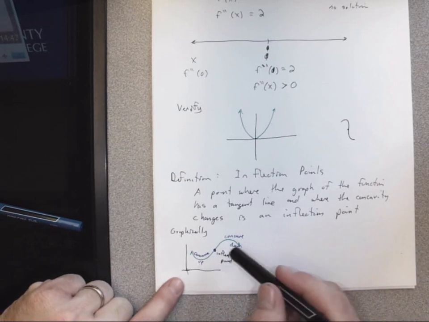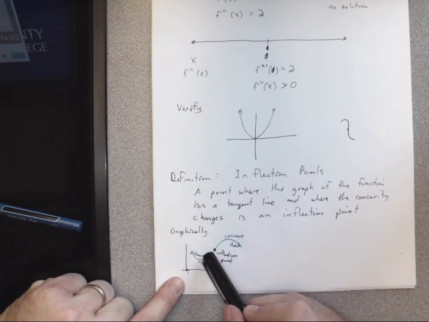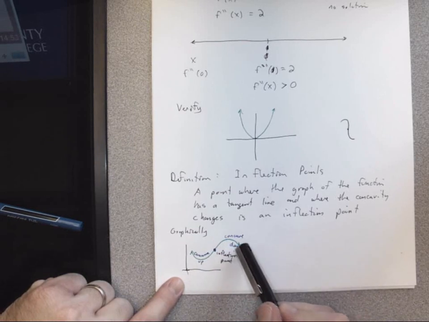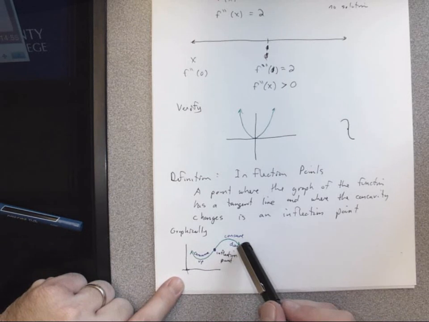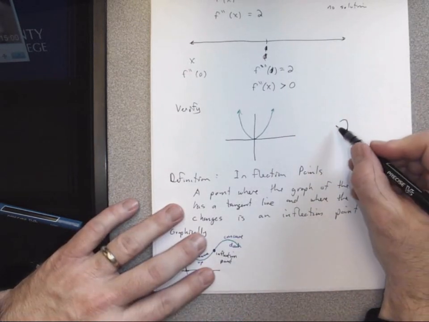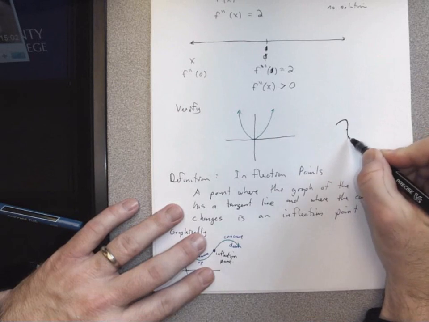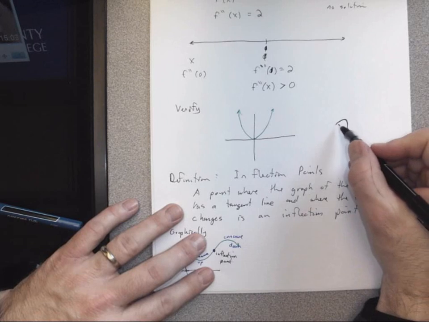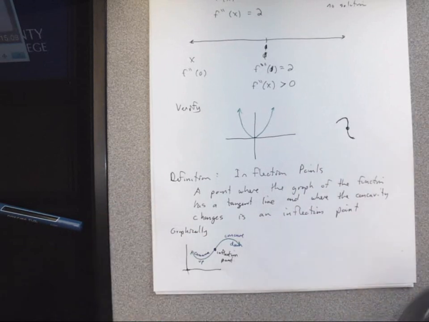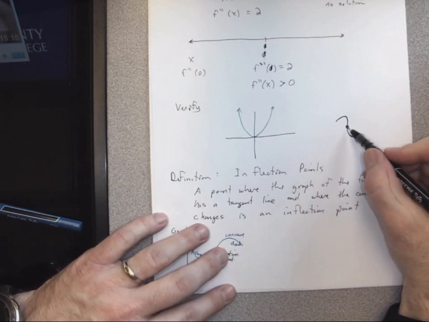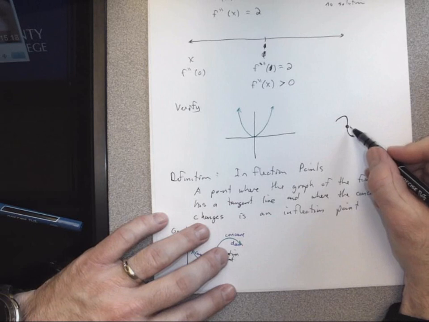Now, I know we usually read left to right, but there's a funny little joke here that math teachers usually say. When you're on a roller coaster, you know when you hit the inflection point because it's the spot where your butt finally hits the seat again.